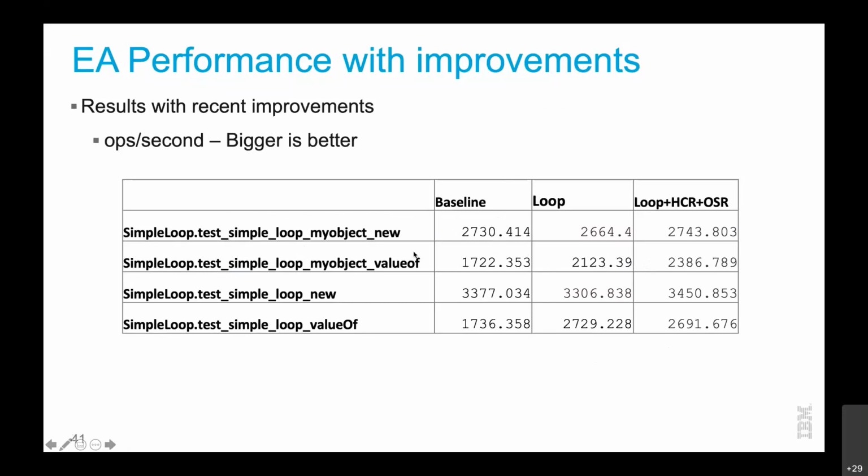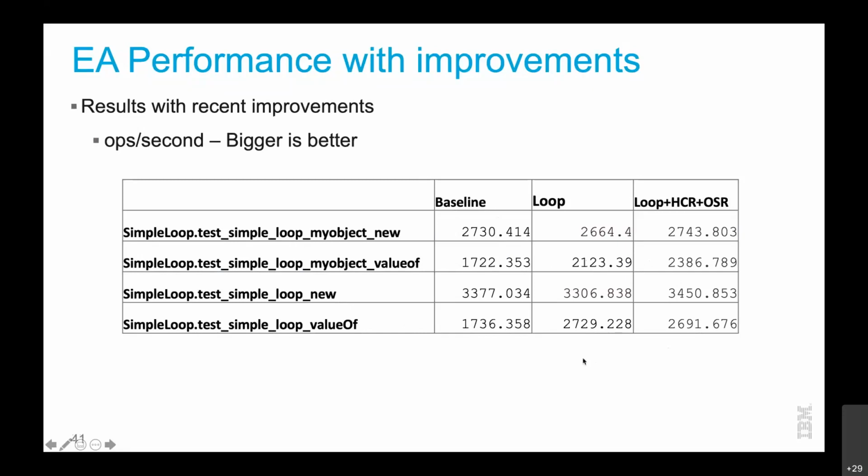In particular, with the loop valueOf example that I had on the previous slide, we were doing about 1,700 operations per second. And with a similar example using a non-integer, some other kind of object, a MyObject, we were getting a similar 1,700 operations per second.